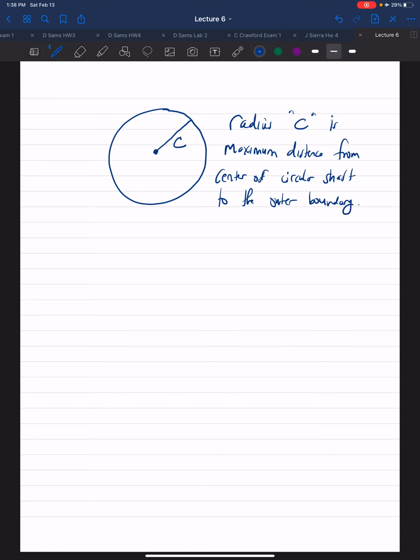However, like we said, we can determine the shear strain at any radial distance extending from the center.